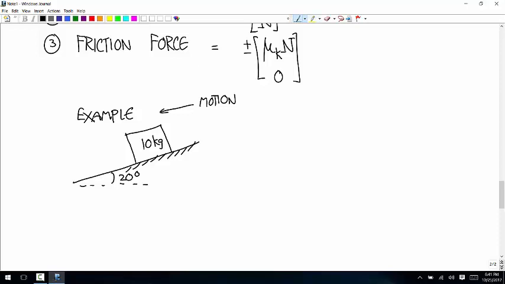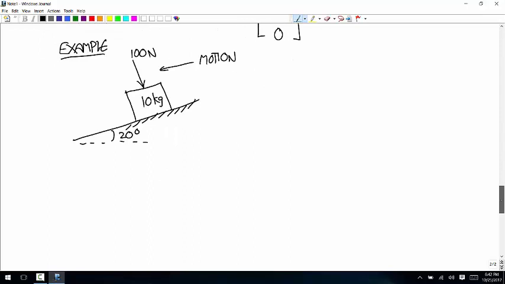And the only external force on this is a perpendicular force like that. And let's say it's 100 newtons. The coefficient of friction is 0.1. I'm not very creative with those.